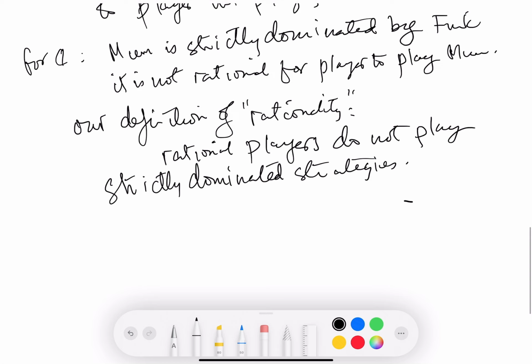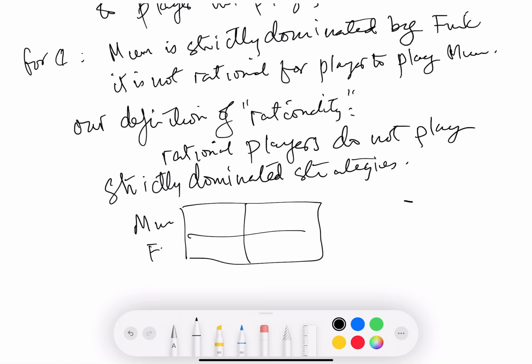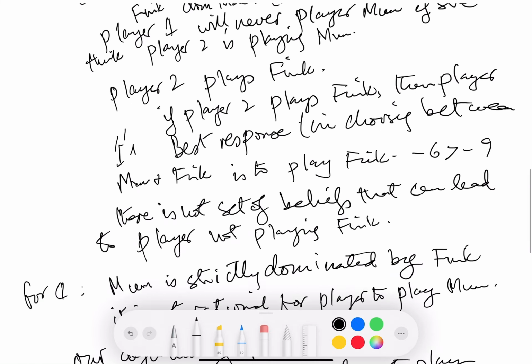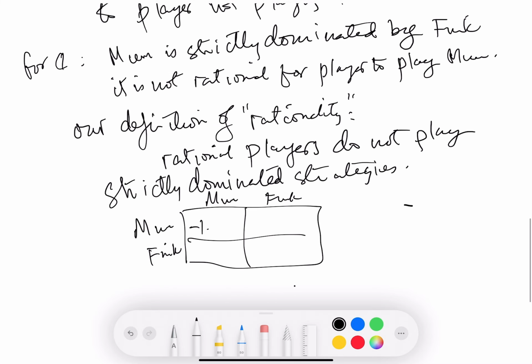Okay? Now look at it from player 2's point of view. Let's write this thing again. Mum, Fink. I'm not going to write player 1 and 2. You know which one I'm talking about, right? Mum, Fink. Just to make sure I write the same payoffs. -1, -1, -9, 0, -6, -6, 0, -9.